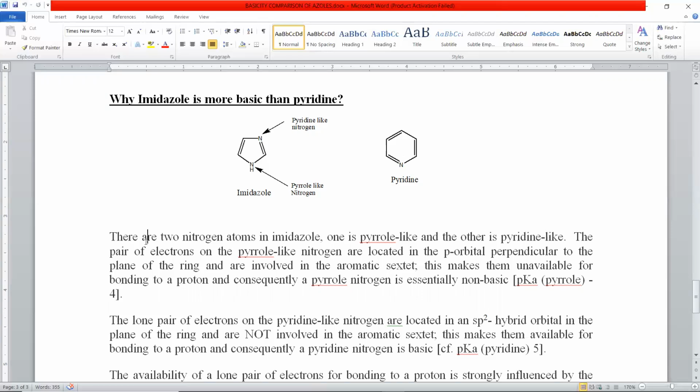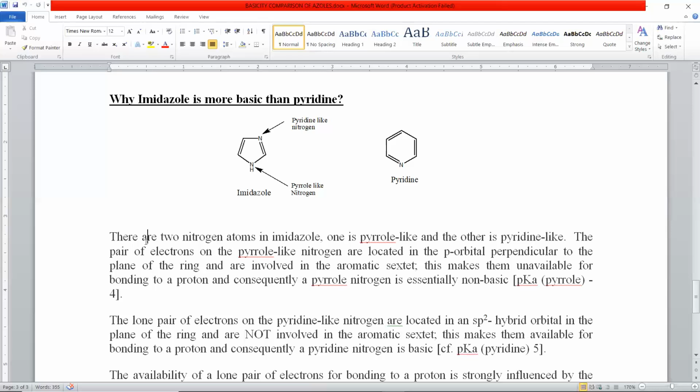So there are two nitrogen atoms in imidazole. One is pyrrole-like and the other is pyridine-like. The pair of electrons on the pyrrole-like nitrogen is located in the p orbital, which is perpendicular to the plane of the ring and is involved in the aromatic sextet. This makes them unavailable for bonding to a proton.